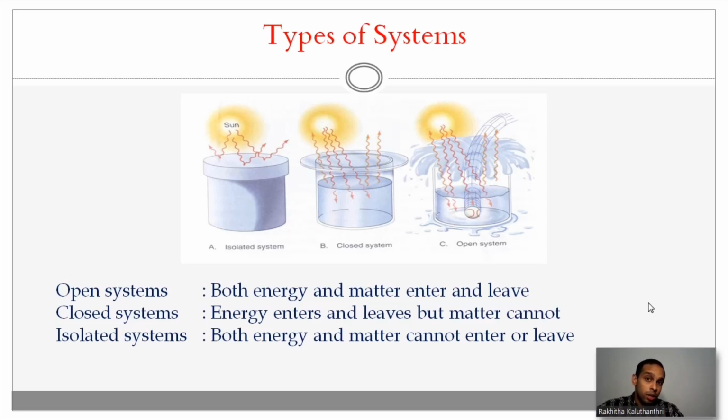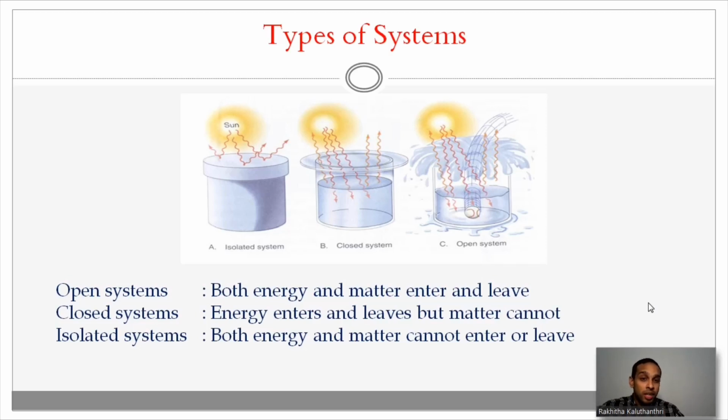Now in the right hand corner, depicted in diagram C, you can see an open beaker, which allows energy to come out and be released, and not only energy but matter to come in and go out, right?